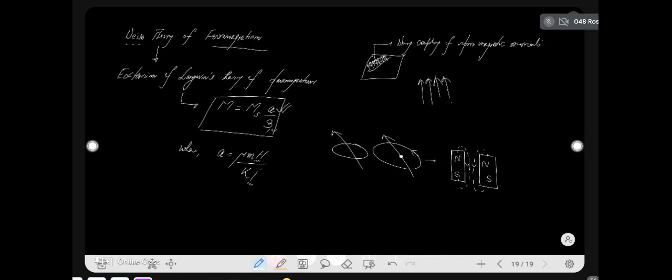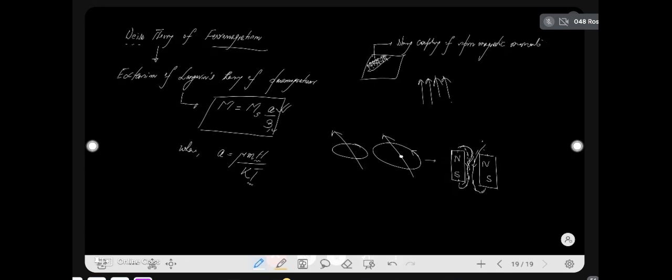So these two magnets, these magnetic lines will change their direction so that the system becomes stable. There will be a modification in the trajectory of the magnetic dipoles. They will try to move apart. So the same is the situation here.